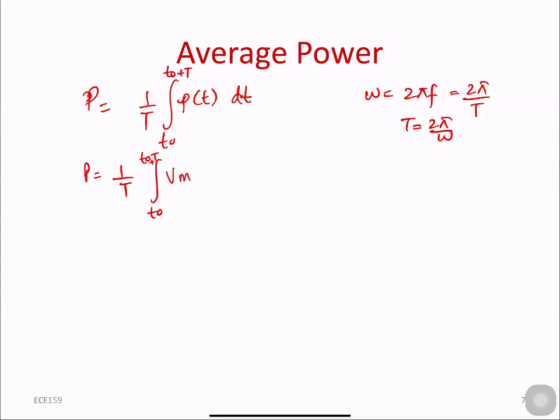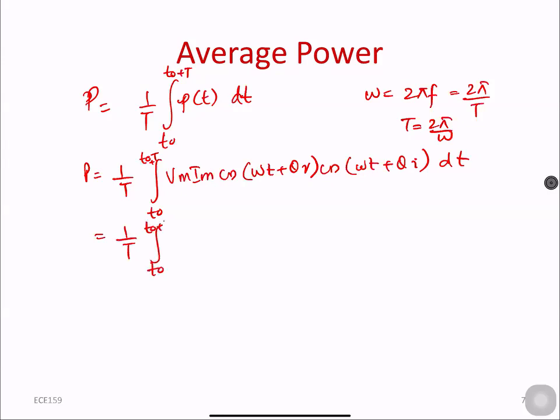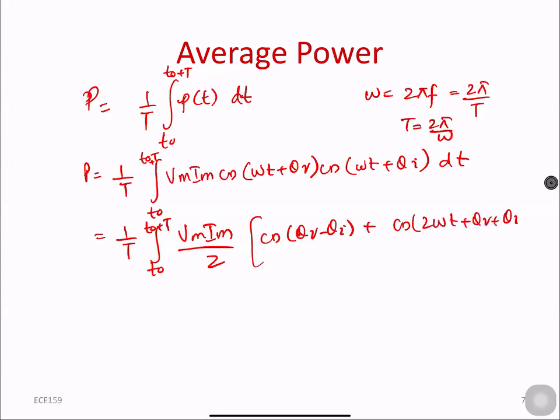We can write this as Vm cos of omega t plus theta v, I'm simply multiplying the voltage and current, times Im cos of omega t plus theta i, dt. When we derived this one, we came to the conclusion for instantaneous power that this can be written as a part with the difference of the phases and a time dependent part in the second case.